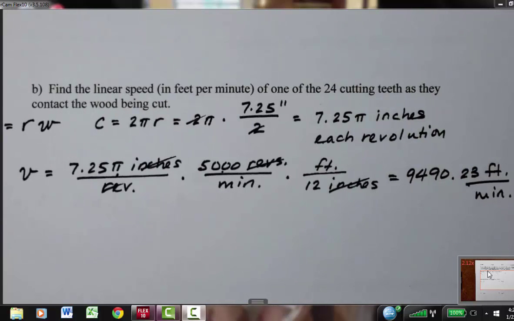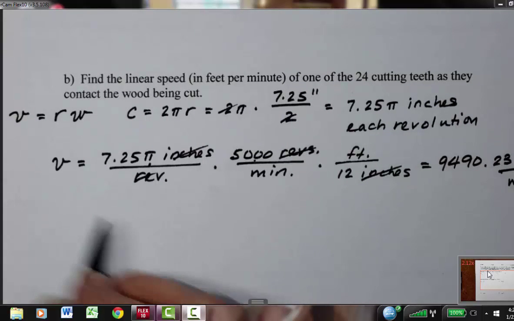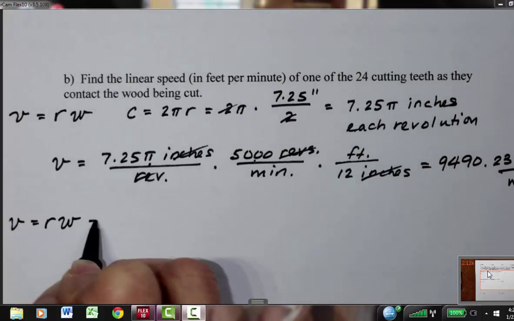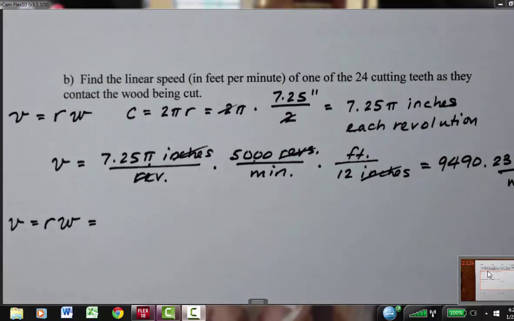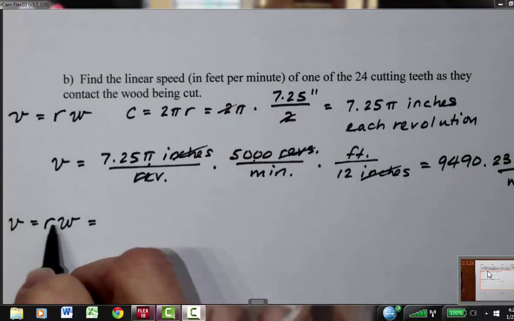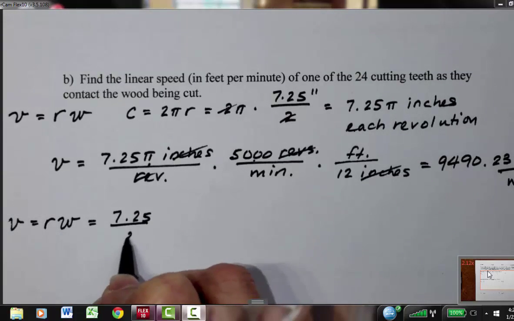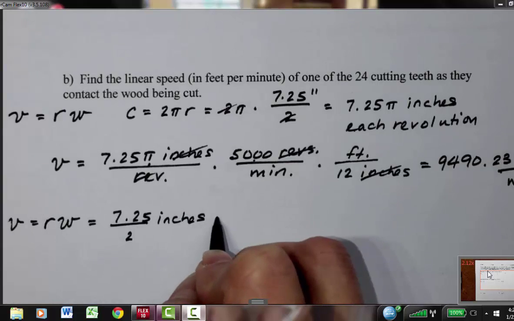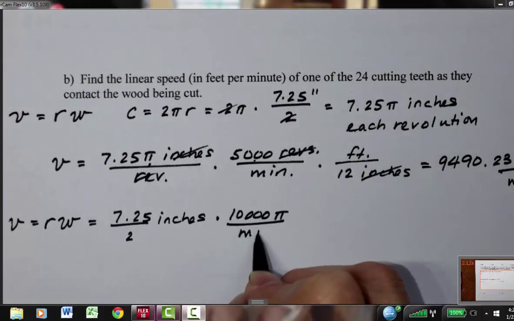Now the other way to do this problem would be to have used the formula V is equal to RW. So I could do the problem again. V is equal to RW. I've already figured out what W is from before in radians per minute, so all I need to do is put in what I have for my radius, 7.25 divided by 2 inches, times my omega, which is 10,000 pi per minute.